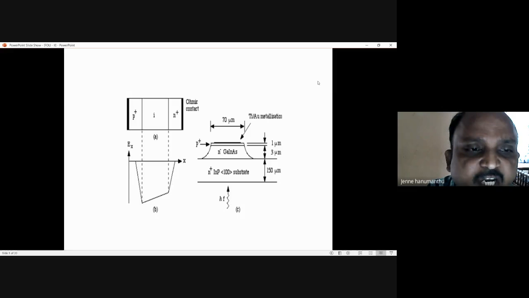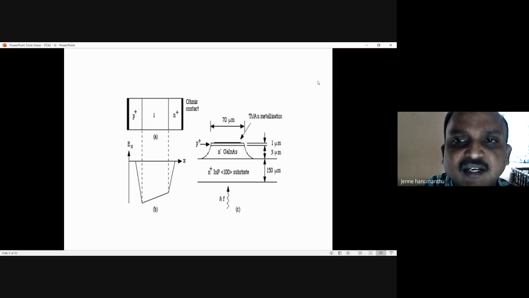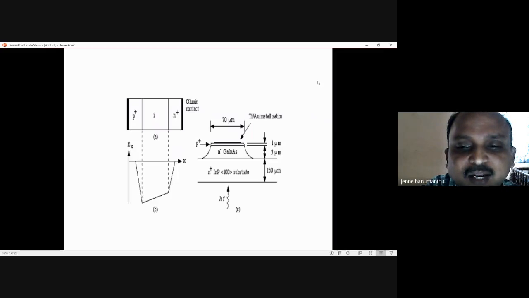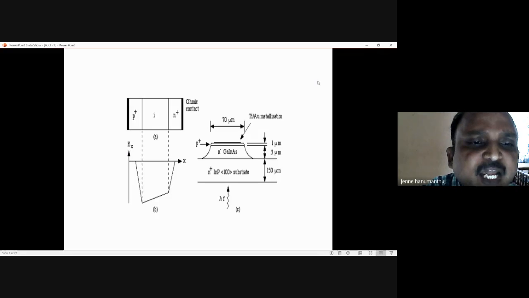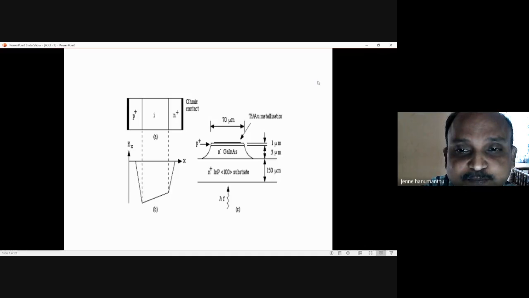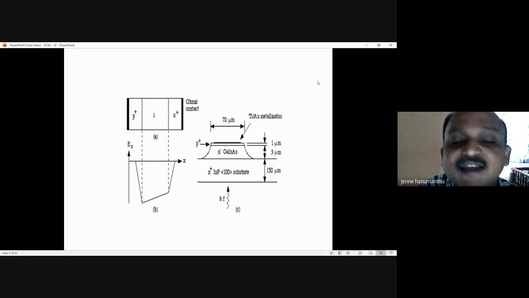So heavily doped P, heavily doped N, and I is the intrinsic region. Intrinsic means pure. A pure, lightly doped N region looks like intrinsic. This is the structure of the PIN diode: P plus, I, N plus.